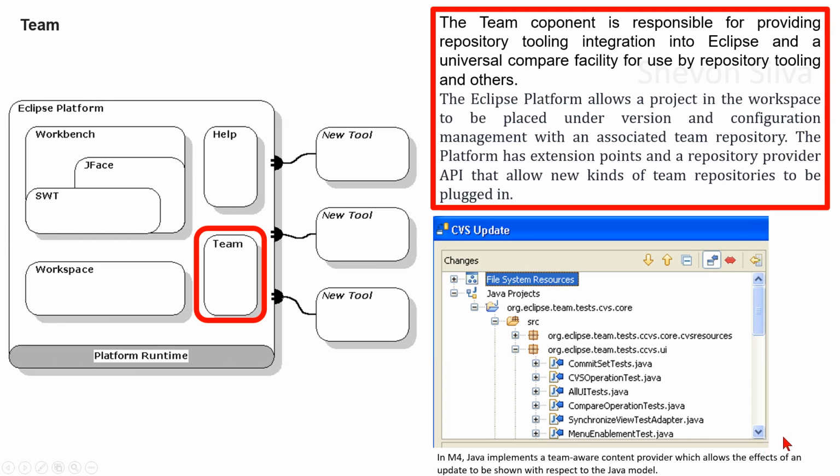API has been added in M4 that allows models to provide a team-aware content provider that can be used by team providers to display the effect of a team operation in terms of model elements and hierarchies. The CVS Team, then Update context menu action in Eclipse 3.2 milestone M4 can be configured to display logical model elements and hierarchies, then previewing the effects of an update.